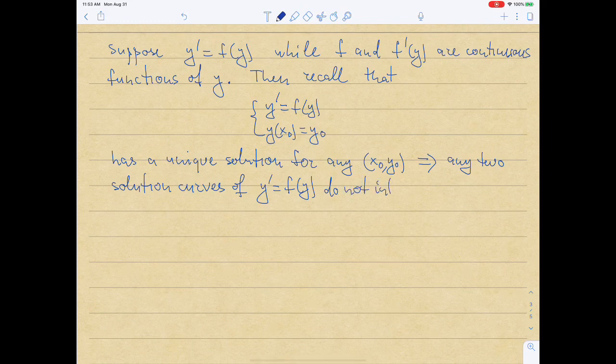Because if they did intersect, and I use an initial value problem where I start from the point of the intersection, there are two ways to leave that point. So then the corresponding initial value problem will not have a unique solution. And you'll see that this has some important consequences for what we're going to do next.